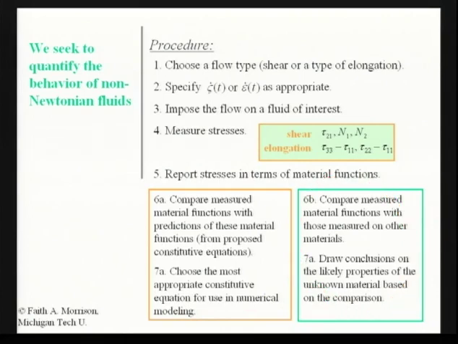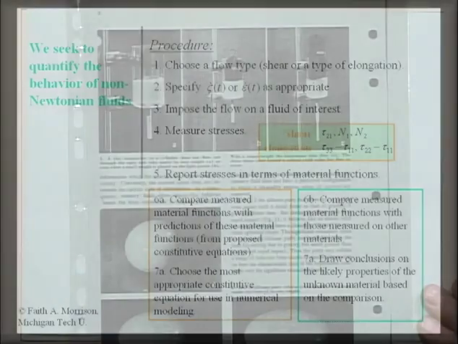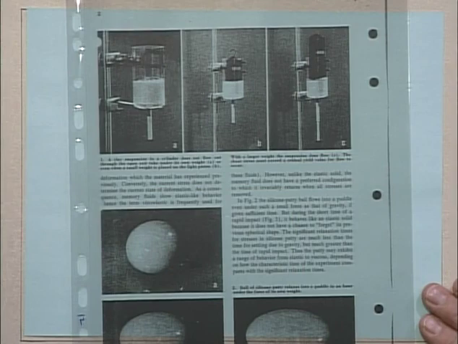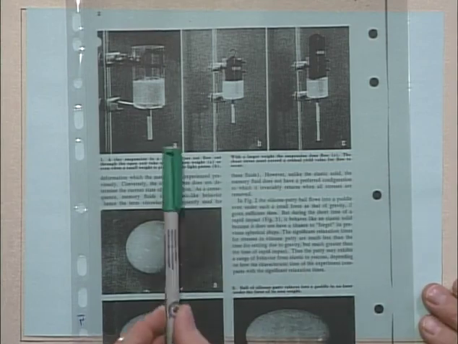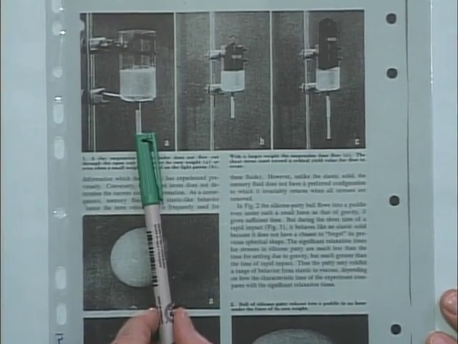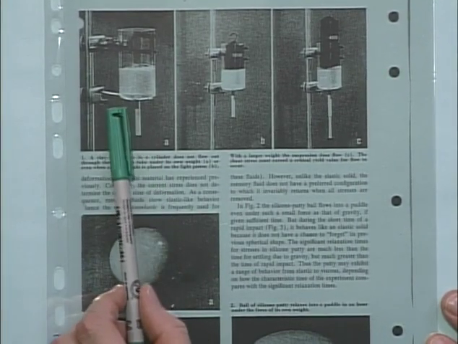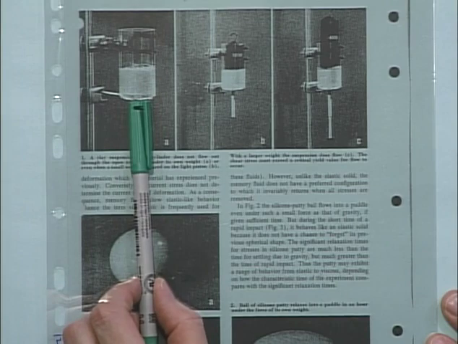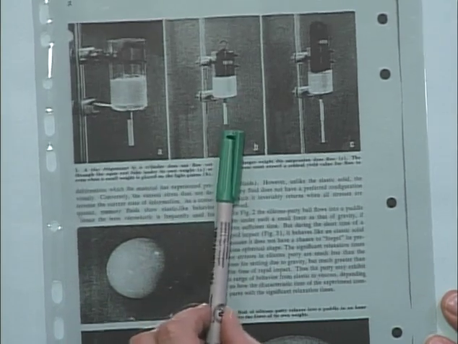Now, the tests that we're picking are in contrast to just sort of, in some sense, the gee whiz experiments that were in the movie. So these are some stills from the movie we saw. I'll try to remind you what you saw. We saw this experiment where he showed something that had a yield stress. He put a very viscous material in a container. He put a weight on it. It did not flow.